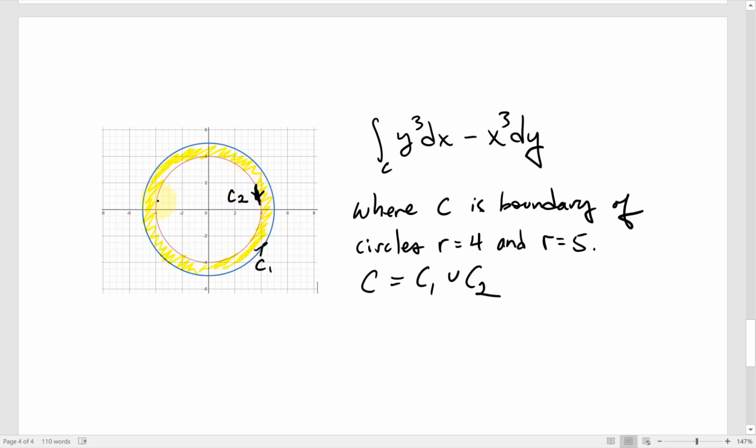But we're going to make two simple closed curves out of these two curves, taking this curve and then separately this curve, with these orientations.